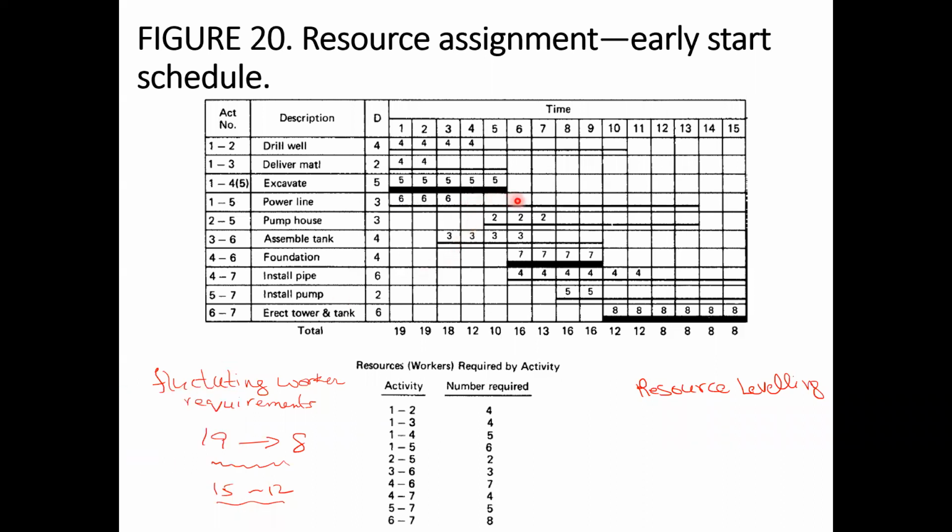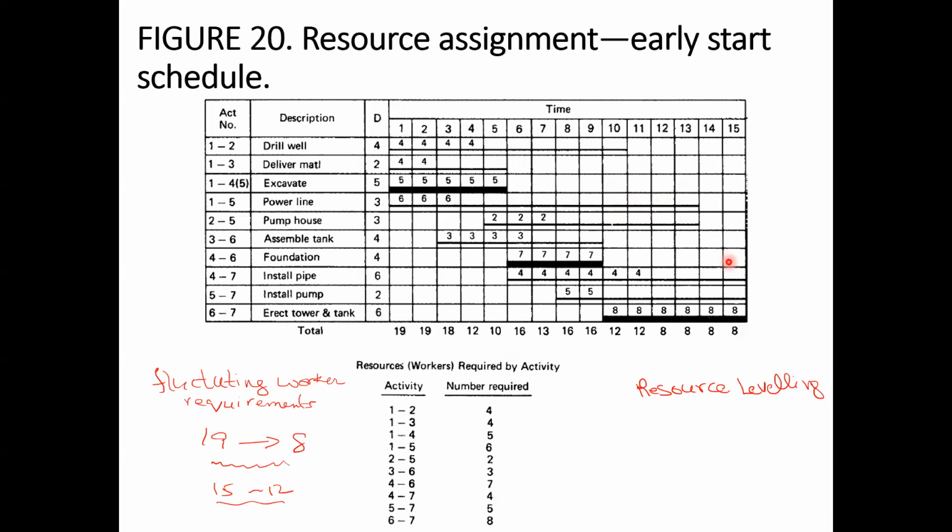So 6 will be here, and then these 6 will be removed, and the total requirement over here will be reduced by 6. So it will become 19 minus 6. That will be 13, 13, 13, 13, 13, 12. In that case. And similarly, for some other activities where it is possible to move the activities within their float, we can do it.